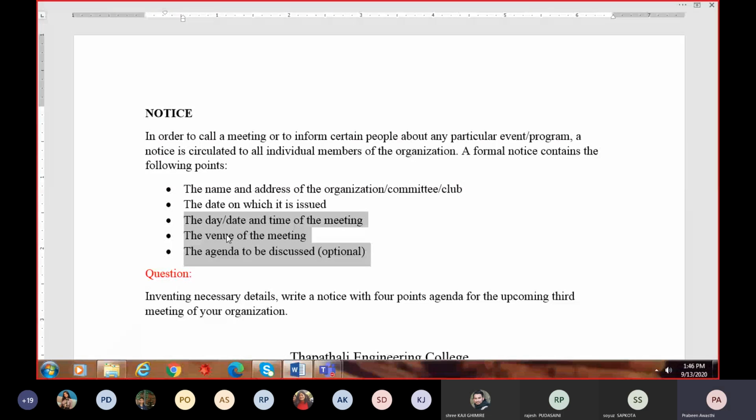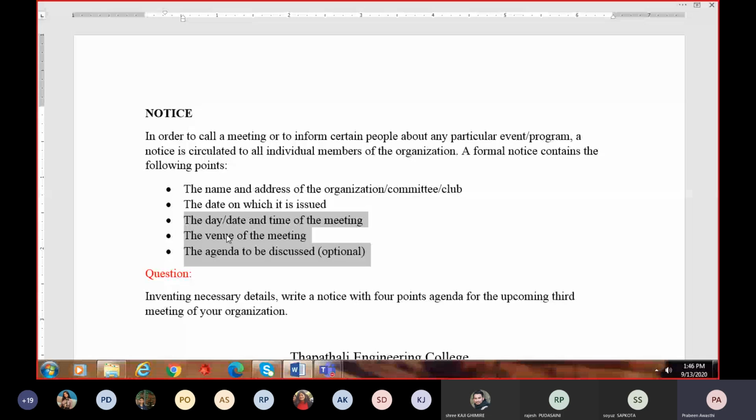When you want to discuss some private affairs, private issues, you will not clearly mention the agenda in your notice. Otherwise, including agenda in your notice helps the members to prepare on different topics so that they will present their views, present their ideas, and speak out there, right? So these are the things.